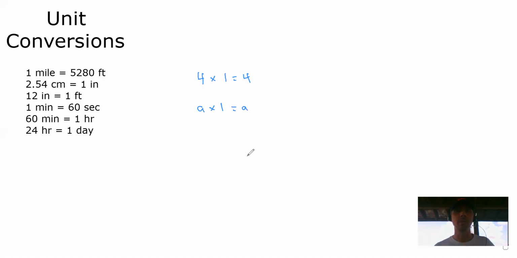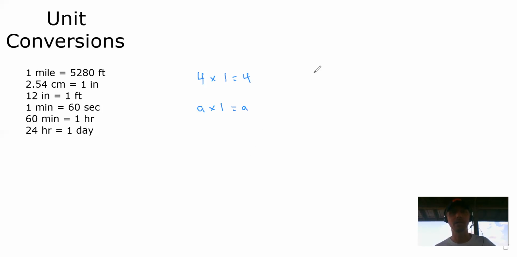That's a critical concept to understand whenever you are doing unit conversions: what you're really doing is taking the original value in some unit and multiplying it times 1 to get a value with a new unit, but really those two values are equal to one another, okay?